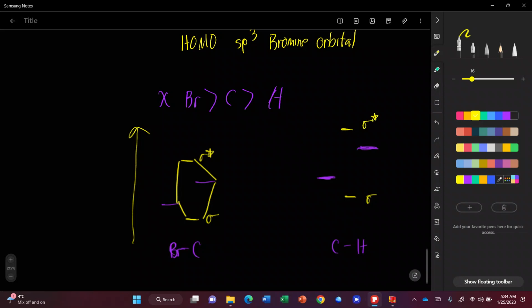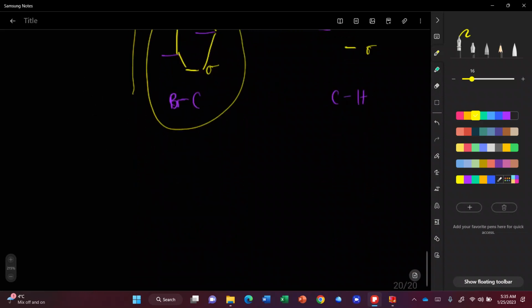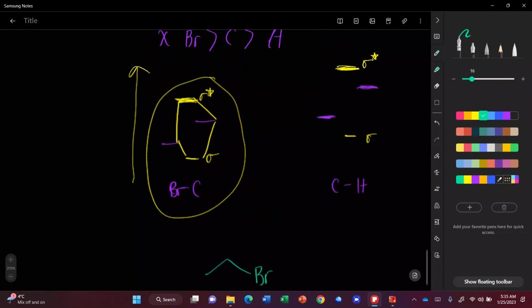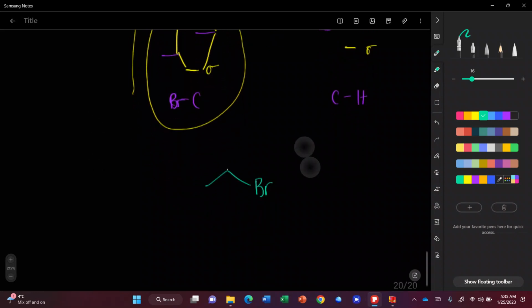So it should make sense to you that the LUMO is going to be the carbon-bromine sigma star, because that sigma star is going to be lower in energy than the carbon-hydrogen sigma star. Which means in a molecule like this, the sigma star is much more contributed by the carbon than by the bromine, which means the sigma star is going to be huge on the carbon, not very big on the bromine. So that is going to be the LUMO.